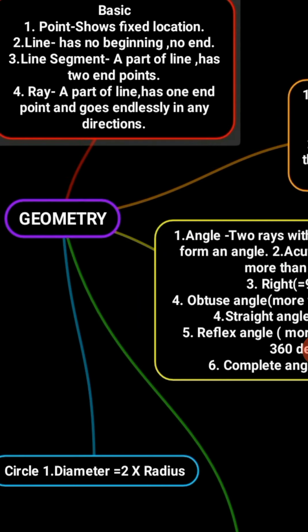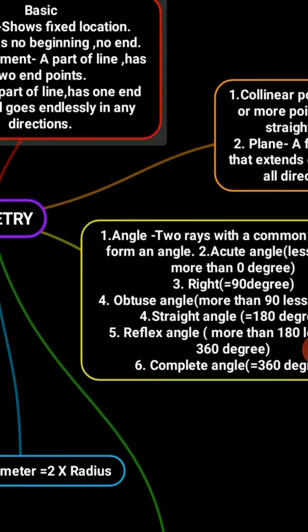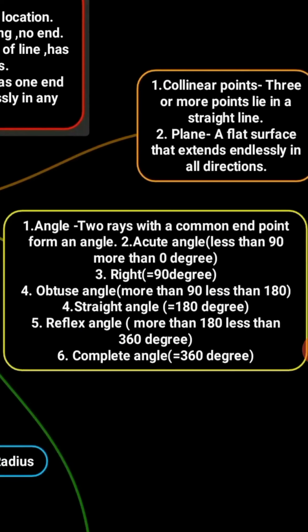It has 1 endpoint and goes endlessly in one direction. In the second video you have seen collinear points. 3 or more points which lie in a straight line are called collinear points. A plane is a flat surface that extends endlessly in all directions.